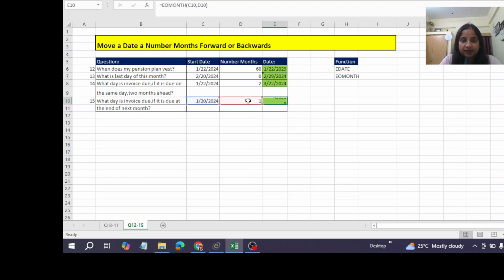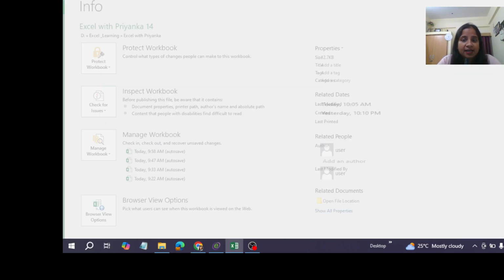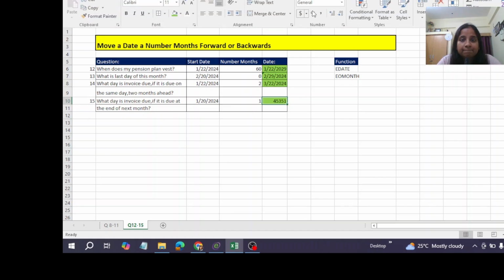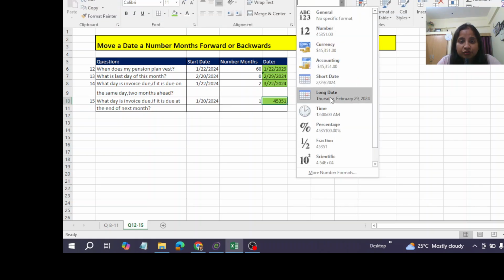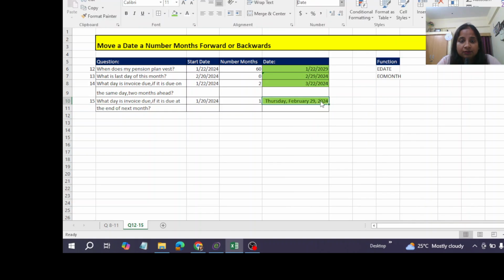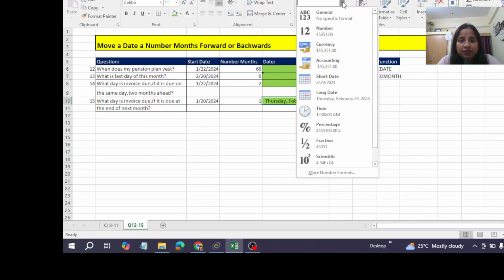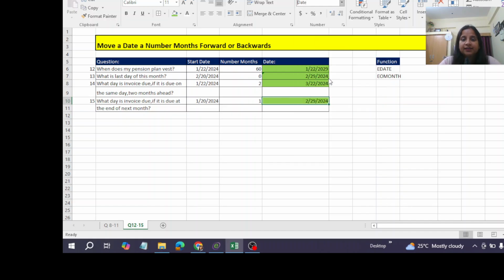Close the bracket, control enter. We have to change it to the, I will see later why it is happening. It is always capturing the longer date, I want the shorter date.